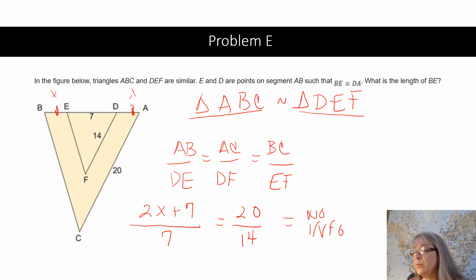I have a cross multiplication where I can solve for x. And what exactly is x? X in this case is going to be BE or DA. So triangle similarity is all about naming it and all about understanding that relationship.